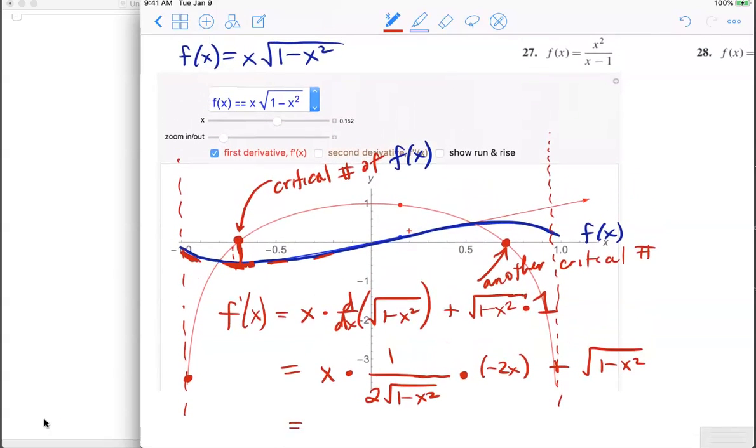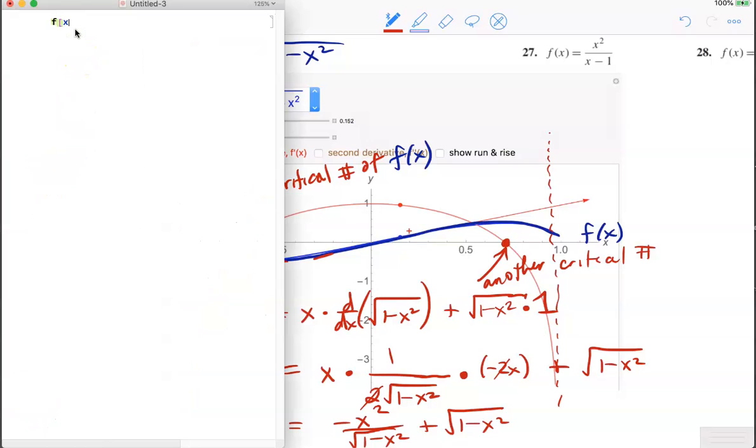Okay, and the 2's will end up canceling, so we will get negative x squared over the square root of 1 minus x squared plus the square root of 1 minus x squared. So there is our derivative that we somehow need to work with.